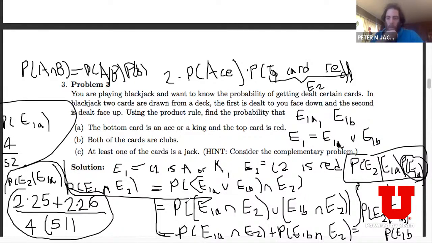Yes, it's just a king instead of an ace. You could also not split it up like this, leave E1 as it is, and then condition on E2 and try to compute the probability of E1 given E2, but it would have been a little bit more complicated. So that's the approach on part A.